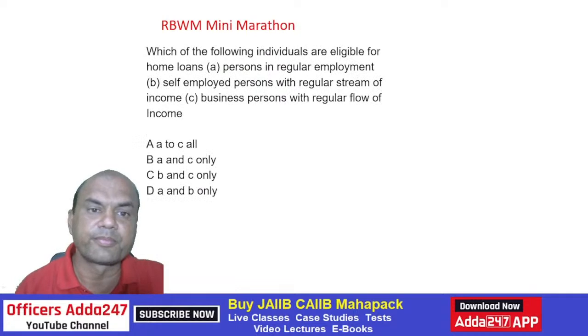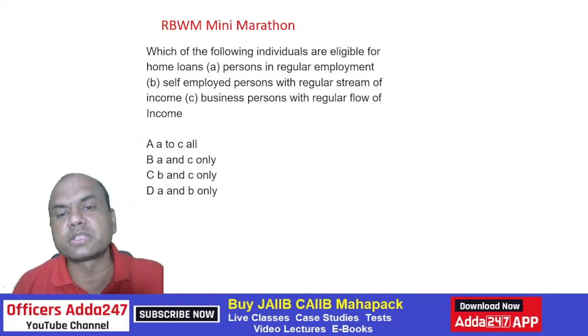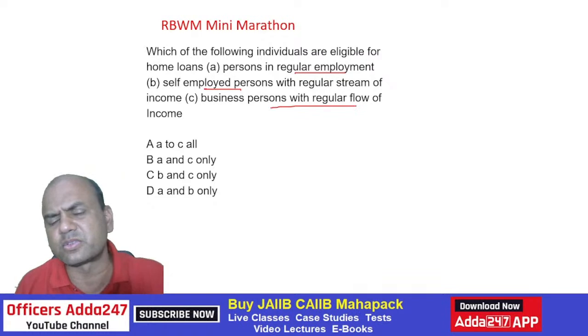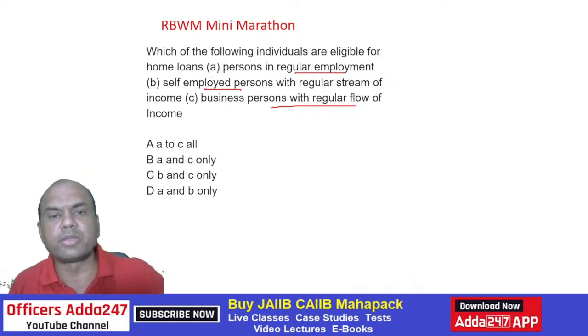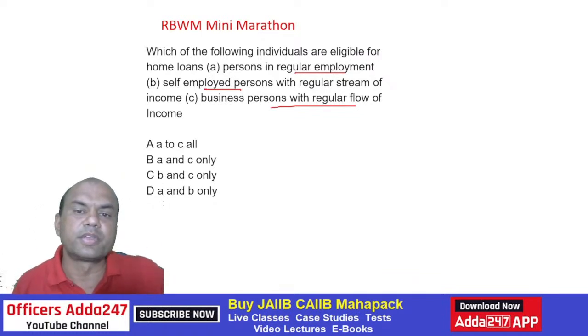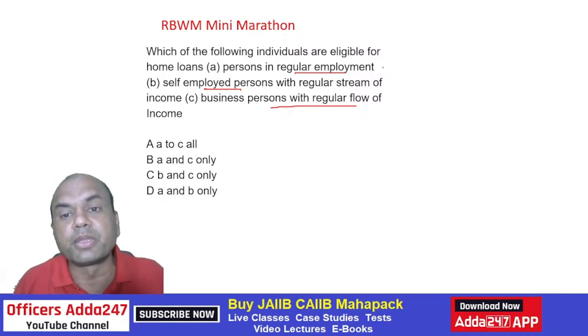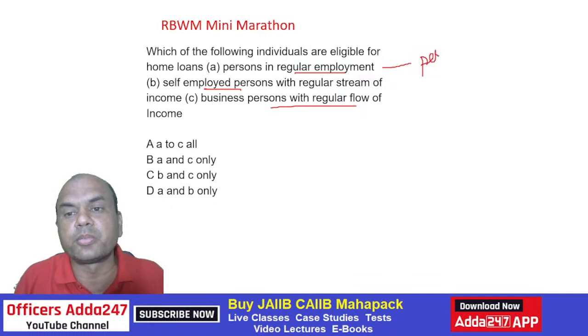Which of the following individuals are eligible for home loans? Persons with regular employment, self-employed persons with a regular stream of income, business persons with regular flow of income. Now, this is quite a simple one. Regular employment means a permanent job. Is there any permanent job nowadays?